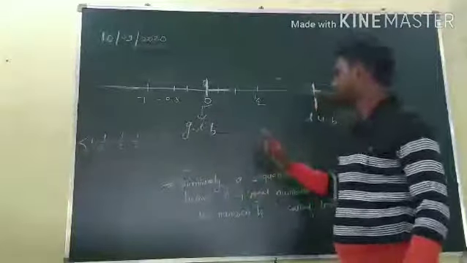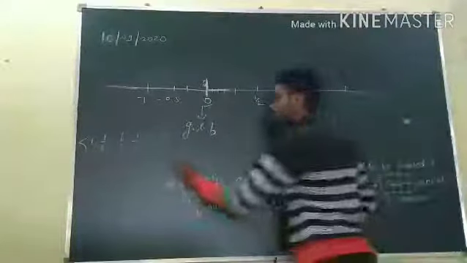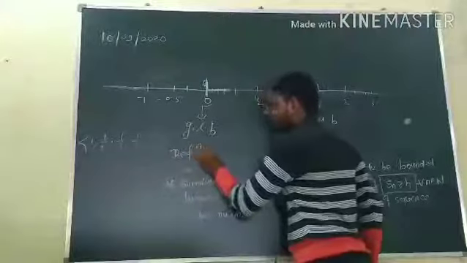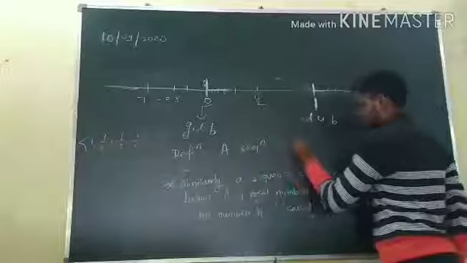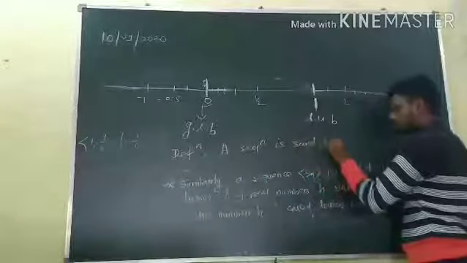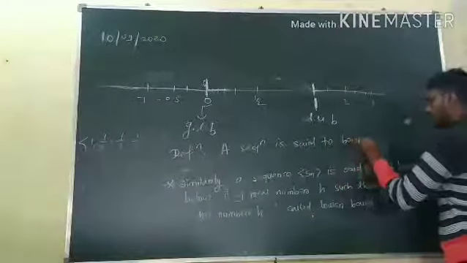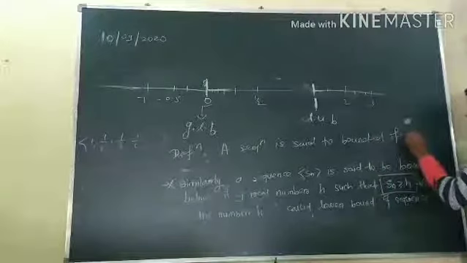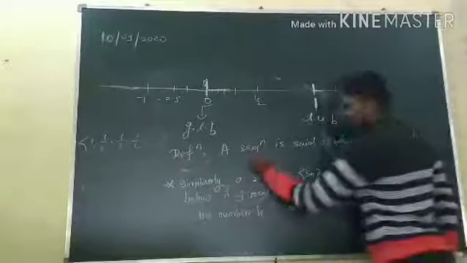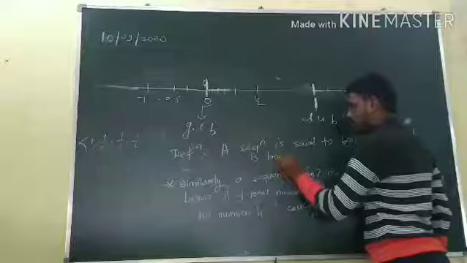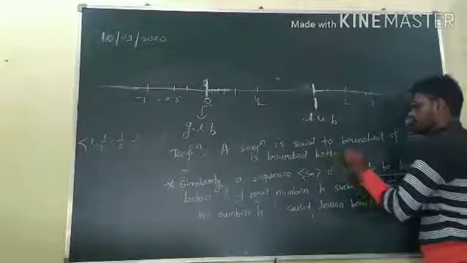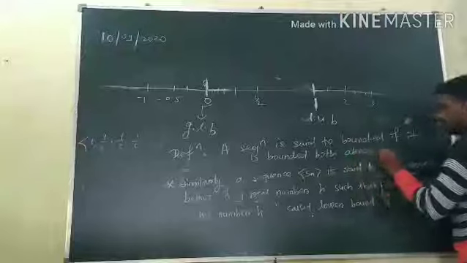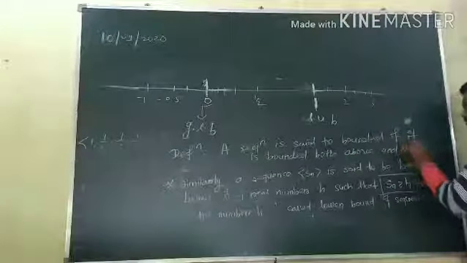And the definition is: a sequence is said to be bounded if it is bounded both above and below.